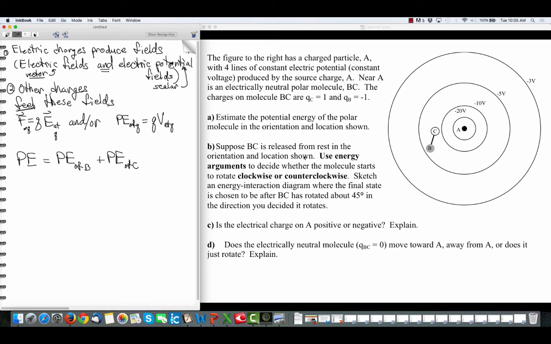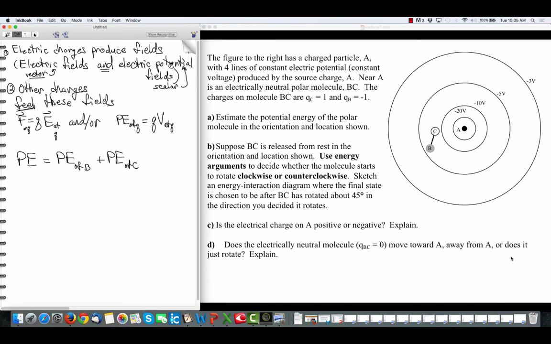And then once you've got a number for that potential energy, how does that number change, or does it change, if this molecule rotates? So part B is about whether it rotates. So just think about it rotating without changing its center of mass. C is, I'll let you think about. D is about translational motion.